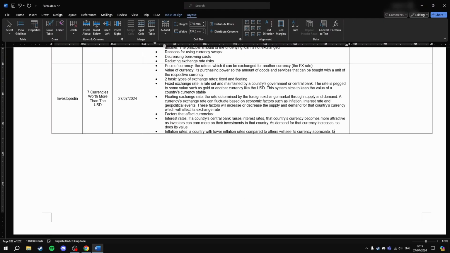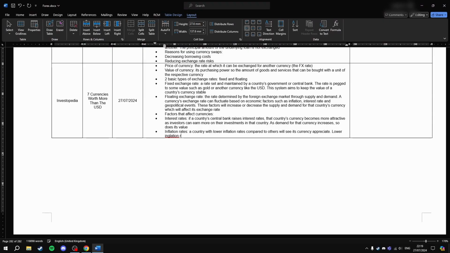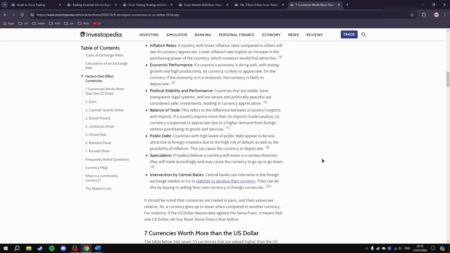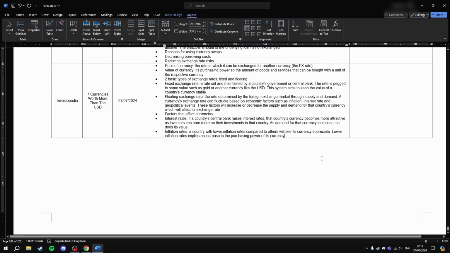So lower inflation rates imply an increase in the purchasing power of its currency, which investors would find attractive.